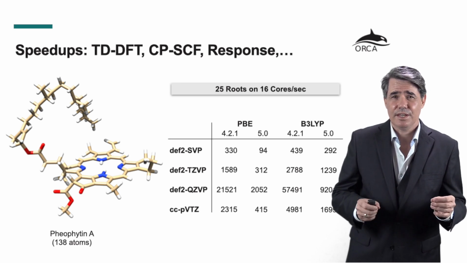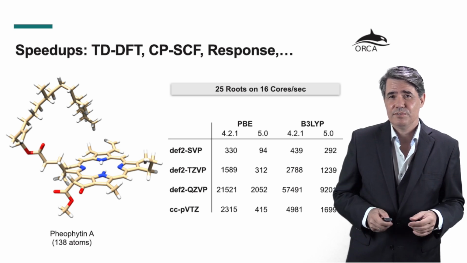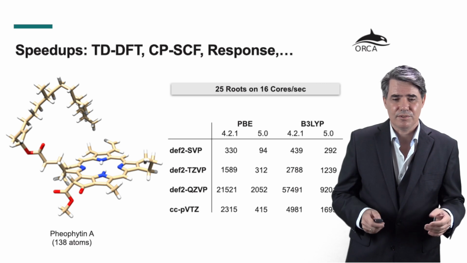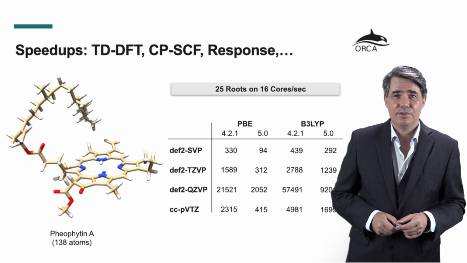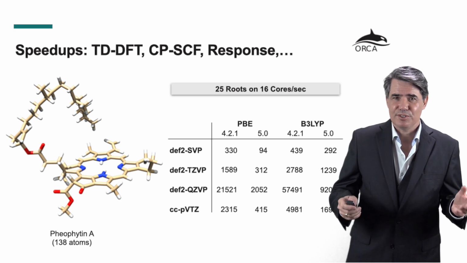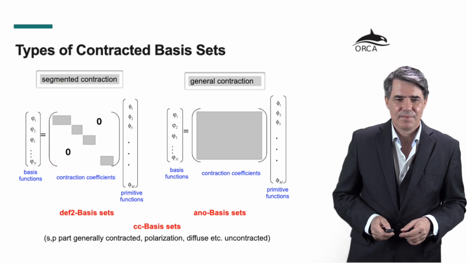And these are gains really worth having, and that leads to ORCA 5.0 being a much more efficient program than previous ORCA versions, and we're proud of it, and I hope very much that you as a user will experience this increased performance, and you will like it and you will use it.